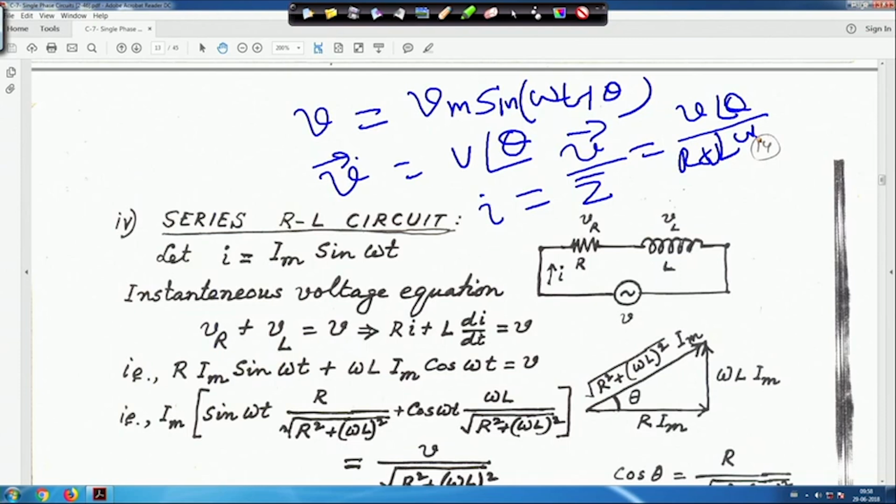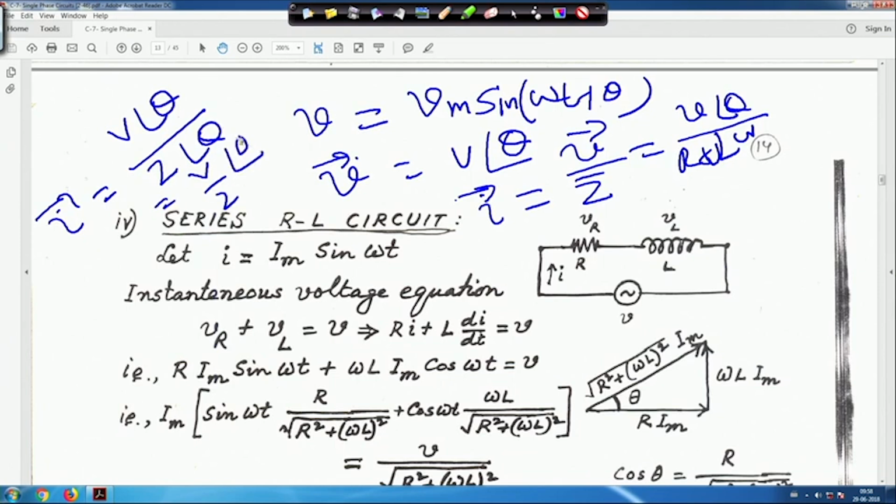In that case, look how things will come. This is my I, which is also a phasor quantity. This is V angle θ divided by Z angle θ, where Z is equal to root over R square plus Lω square. So it is V by Z angle θ minus θ, which is V by Z angle 0 degrees.